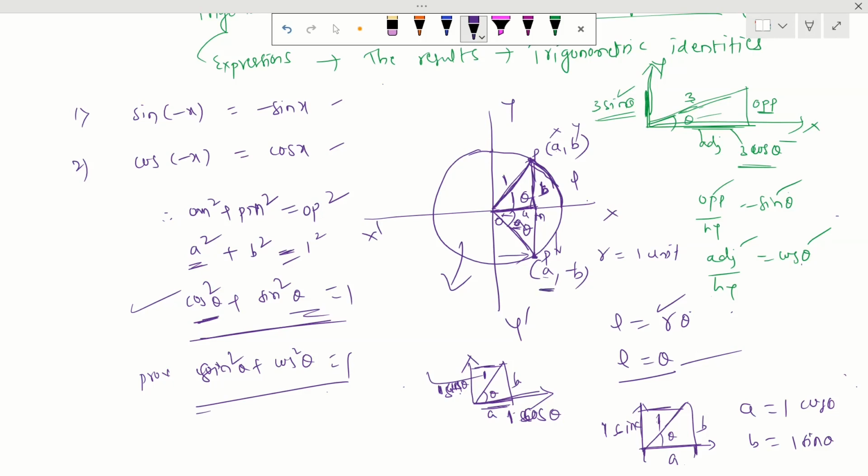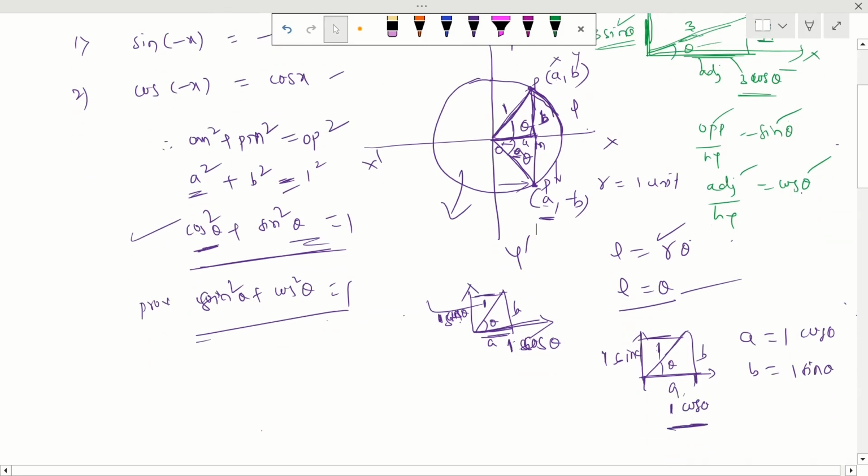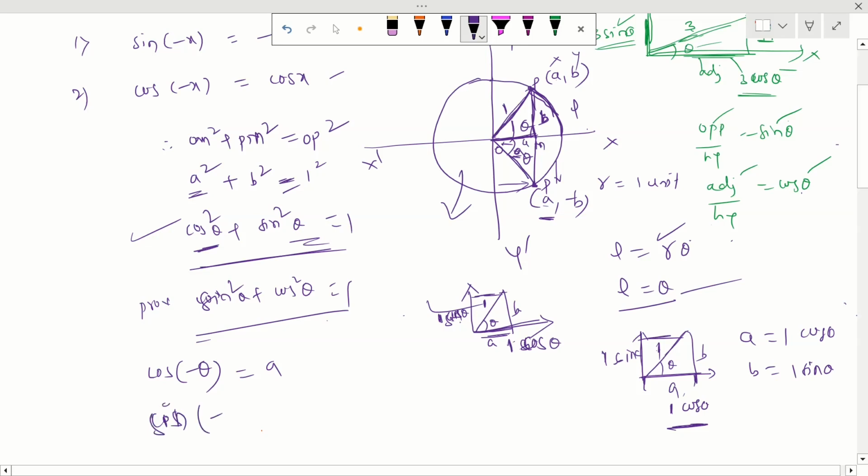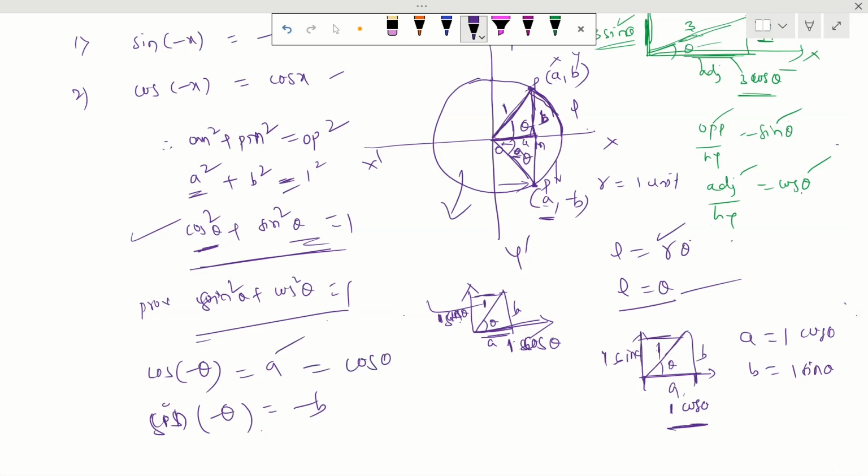So A is cos theta, which means cos of minus theta has the value A, and sin of minus theta has the value minus B. A value is cos theta, and B value is sin theta, so minus sin theta.